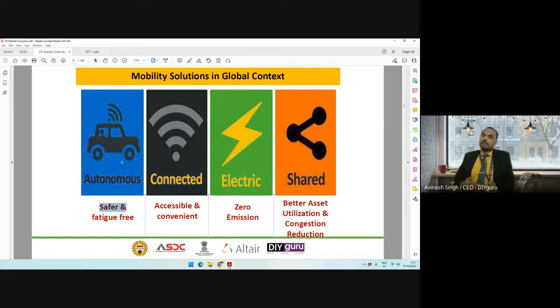So for example, shared, कोई मुझे example बताओ shared energy का.